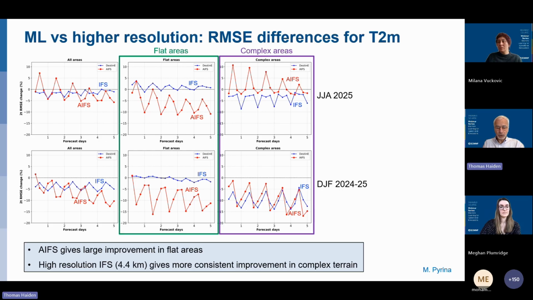For example, on the bottom here on the right, you can see December, January, February, AIFS and high resolution give ballpark-wise roughly the same kind of improvement. While on the top, you can see the AIFS here has still some issues, not improving the forecast really at all times here in the summertime in the complex areas.